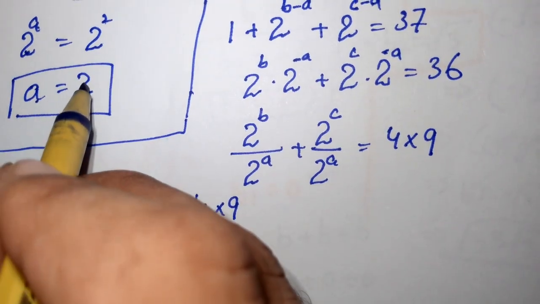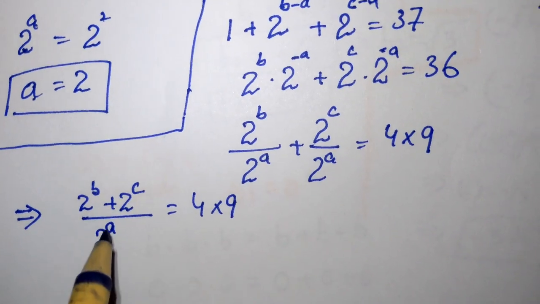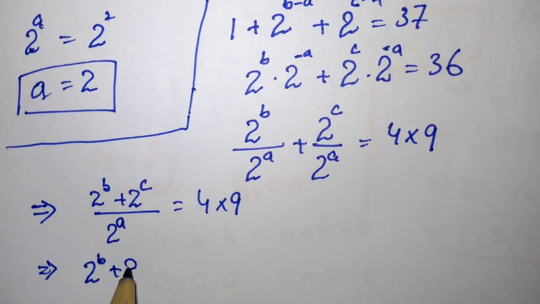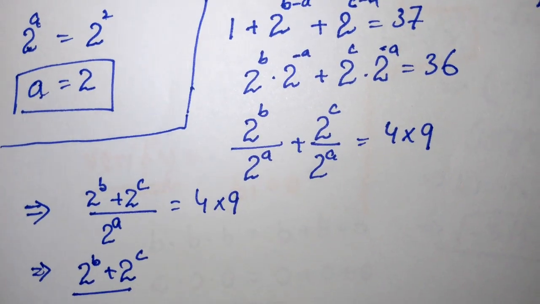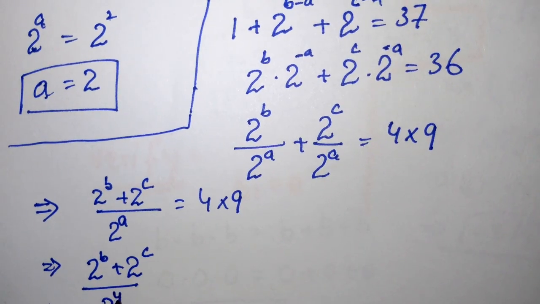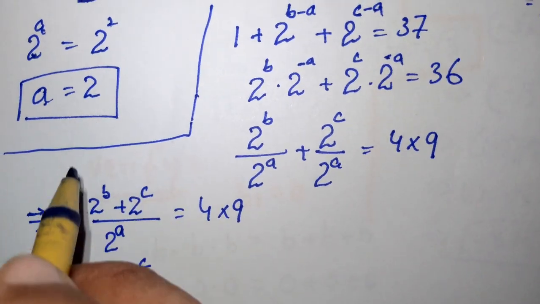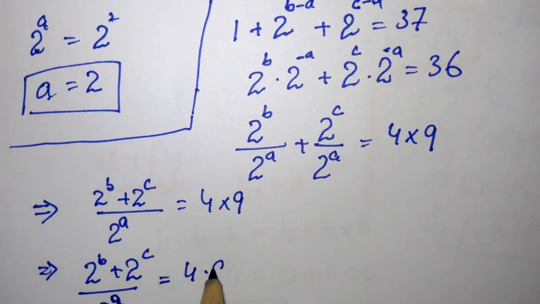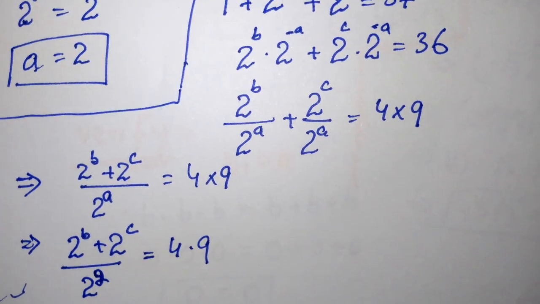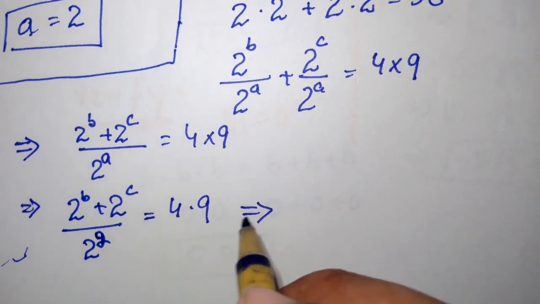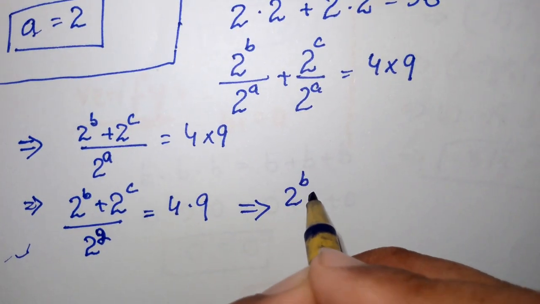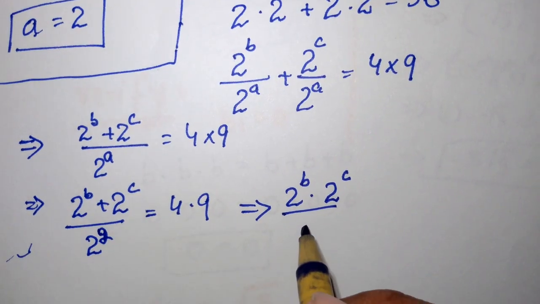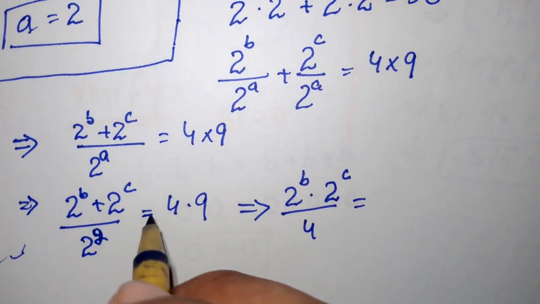We know that a is equal to 2, so we substitute a with 2, so this will become 2 to the power of b plus 2 to the power of c over 2 to the power of 2, here a is equal to 2, is equal to 4 times 9. Here 2 to the power of 2 is equal to 4.